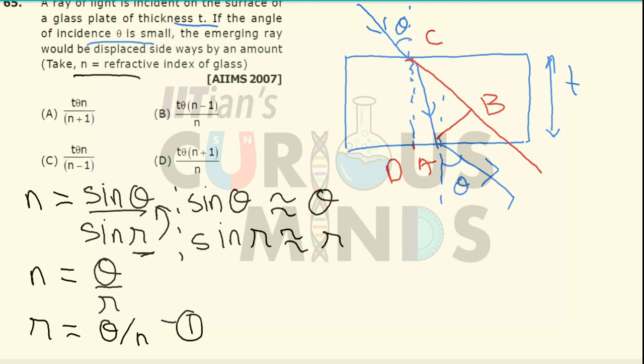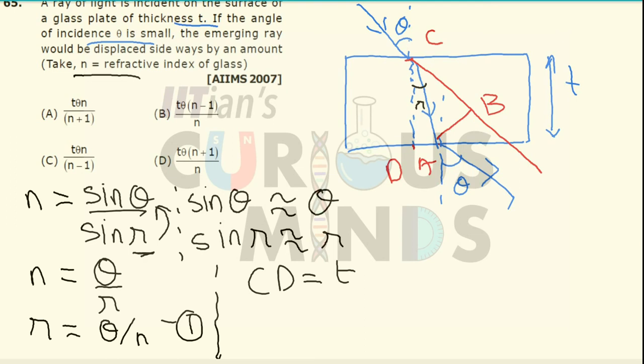Now the length CD is equal to t. AC can be found out as the angle ACD is r.